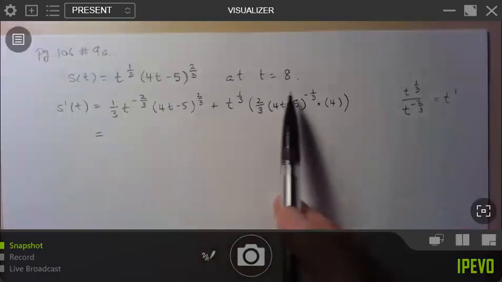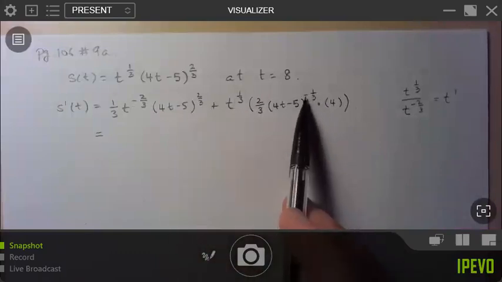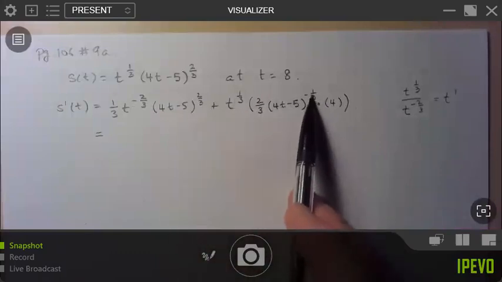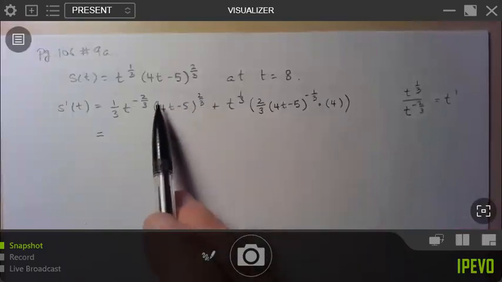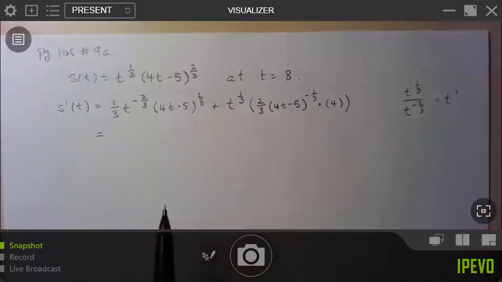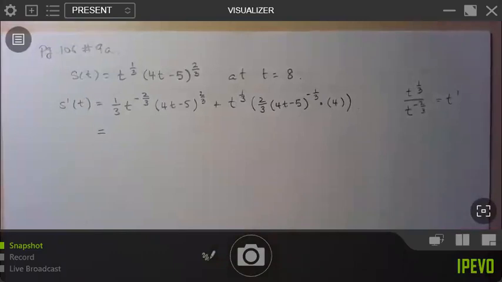And similarly here, if I factor out the 4t minus 5 to the negative 1/3, guess what happens when I divide it out from this expression? I'm going to again be left with 1. So this is where we see where factoring is useful, even though it might not be our usual common factor.